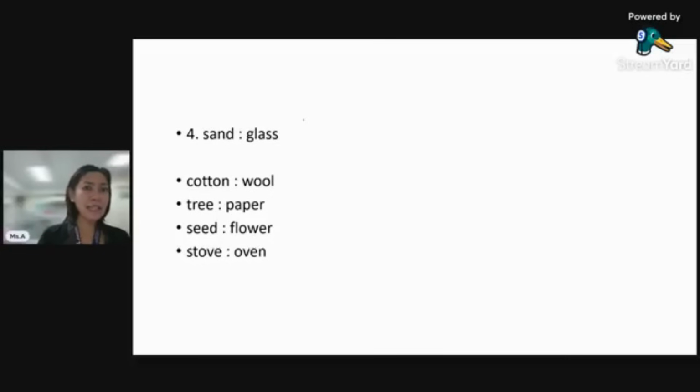Okay. So, mga hindi po nakakaalam, ang glass po ay made out of sand. So, the process of making a glass is processing sand. Okay. Cotton and wool, these are textiles, yes. Tree and paper. So, ito more likely.